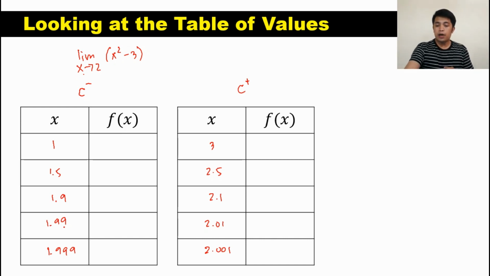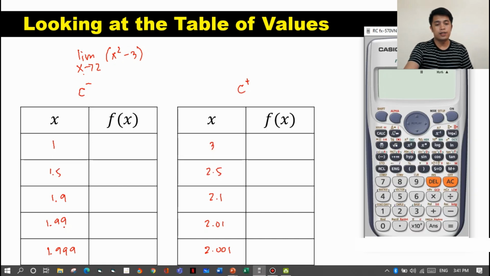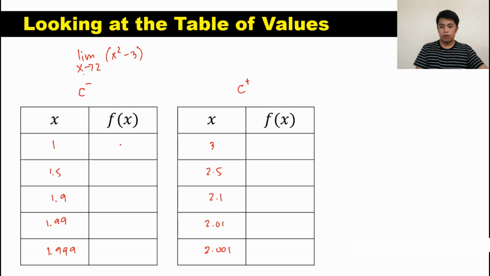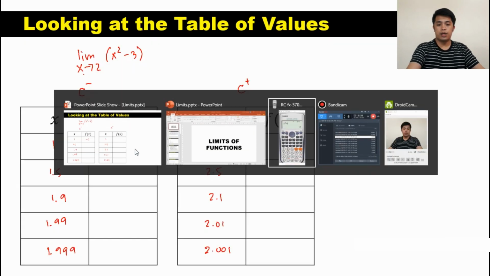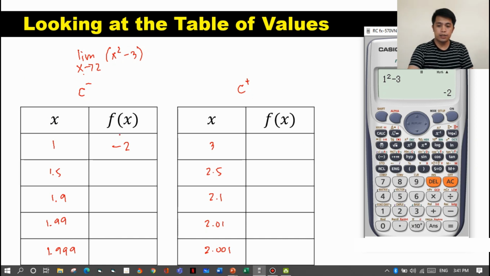Okay, so atong pangitaon ang corresponding y value or atong f of x. So, solve ta. This is 1 squared minus 3, pila? We have negative 2. Ang isa is 1.5 squared minus 3, pila man?